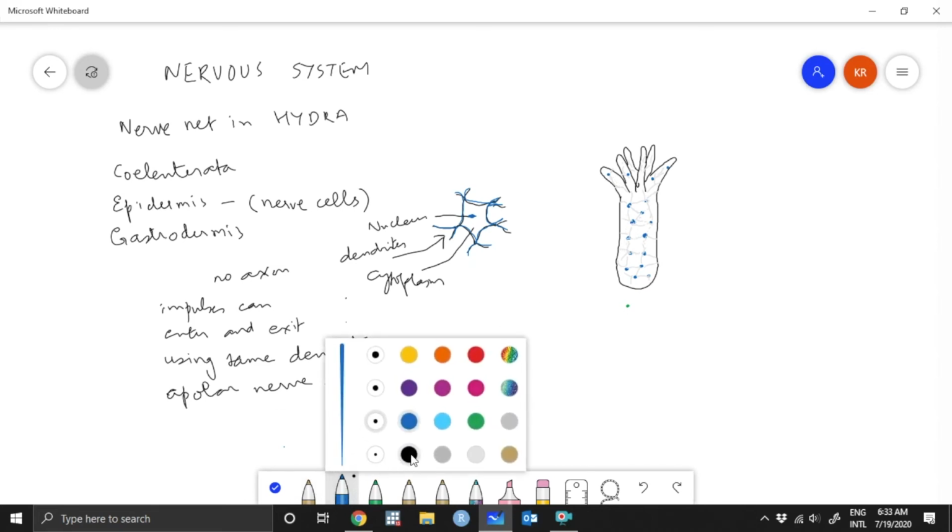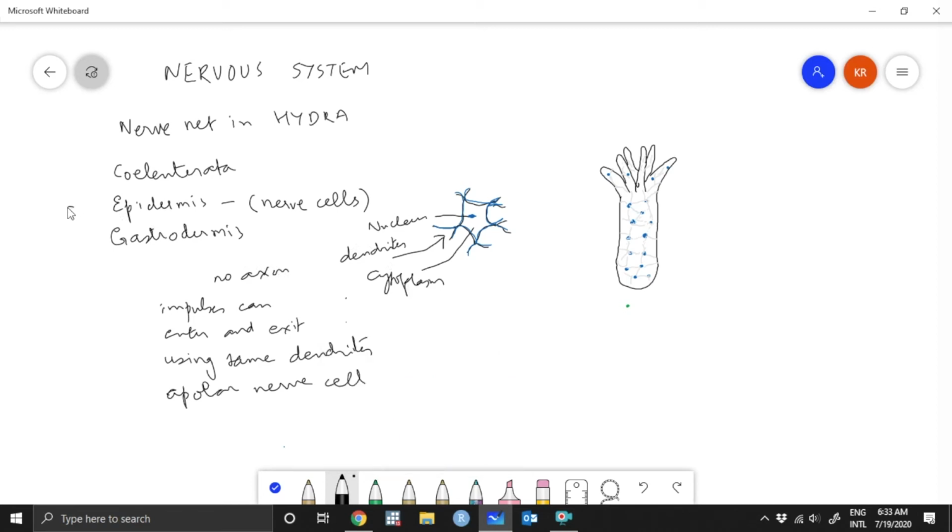Remember that we are showing the ectoderm over here, or the epidermis. So in the epidermis there are nerve cells, and these nerve cells are being shown over here. So this is showing nerve net in Hydra.